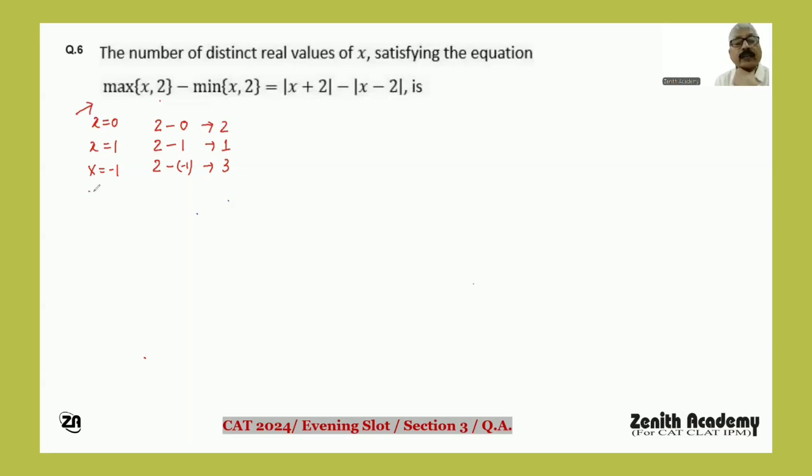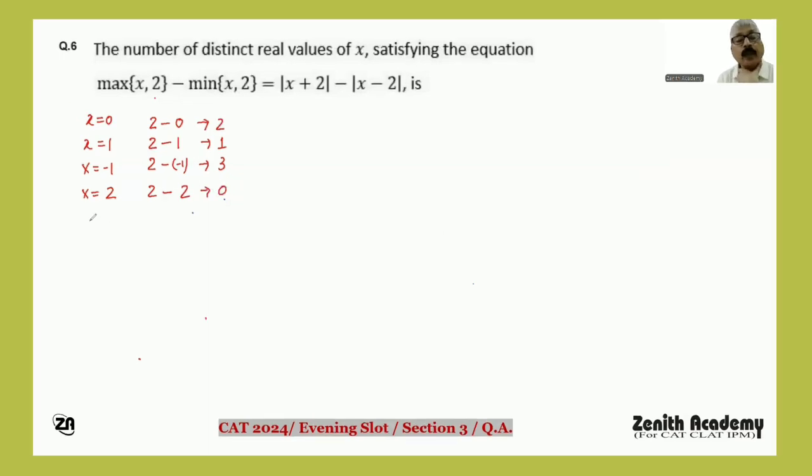If I take x is equal to 2, then 2, 2, maximum will be 2. Minus 2, 2, minimum will also be 2. So it is 0. Correct. Now take x is equal to minus 2. Minus 2 and 2, the maximum will be 2. Minus 2 and 2, minimum will be minus 2. So it is 4.